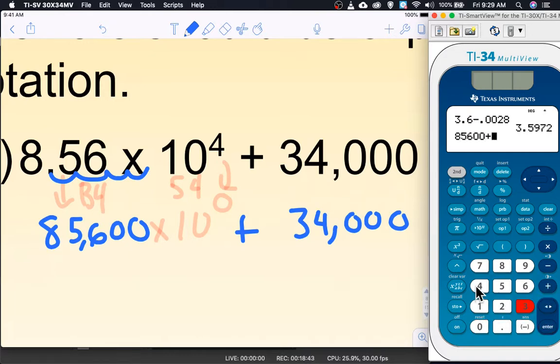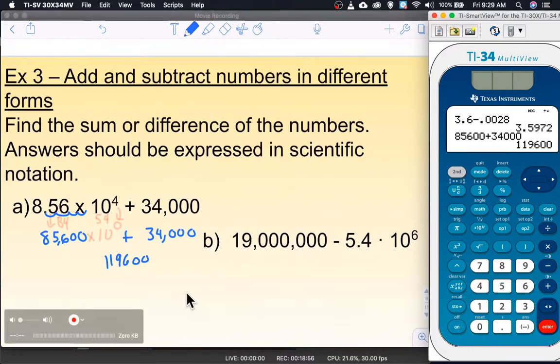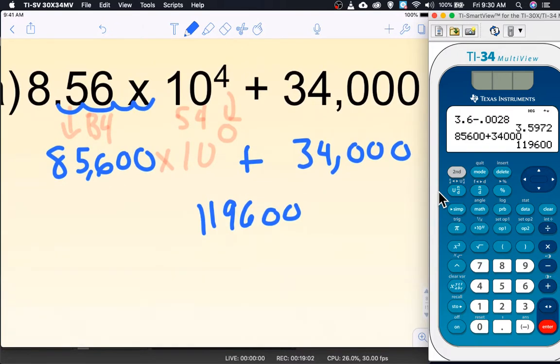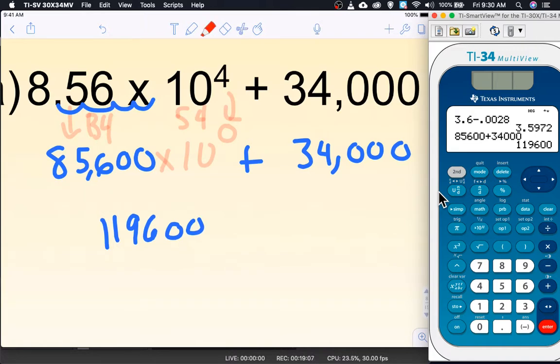85,600 plus 34,000 gives me 119,600. Now this would not be done, because our answers should be expressed in scientific notation. My answer is not scientific notation. It's standard form. So we would have to do the extra step of making this scientific notation.